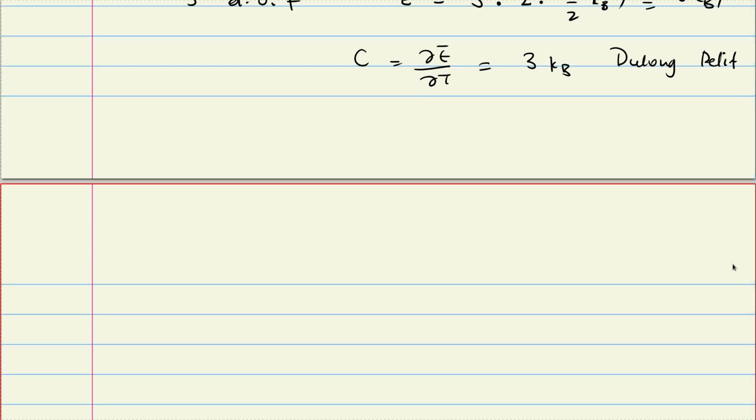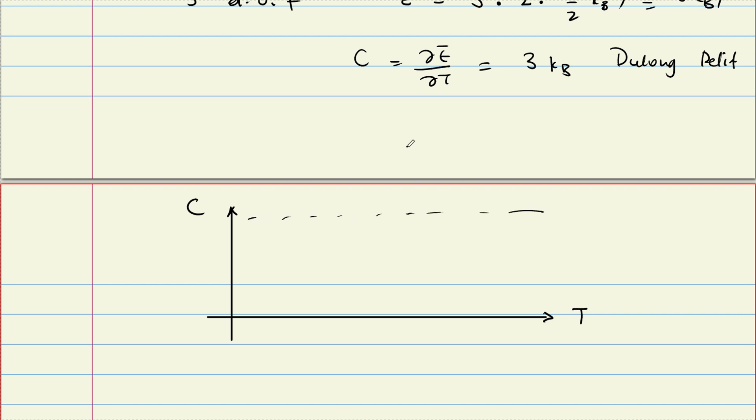But if you do the experiment, here's what you find. So this is temperature, this is C. At high temperatures, you see exactly what Dulong-Petit says. There is 3 kB, and here is your plateau.